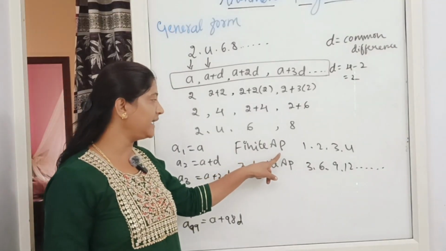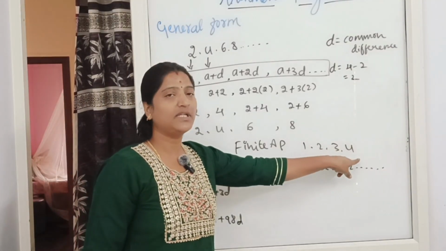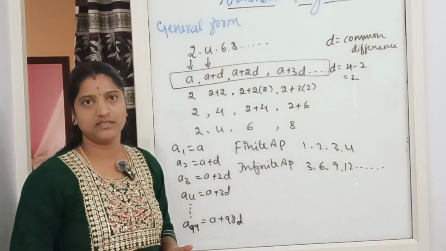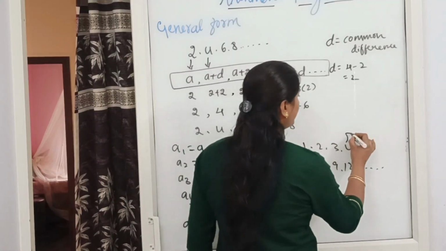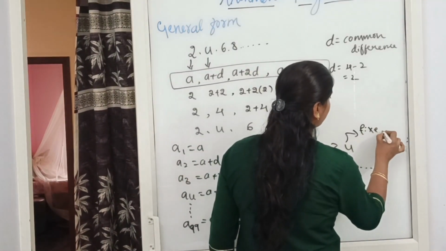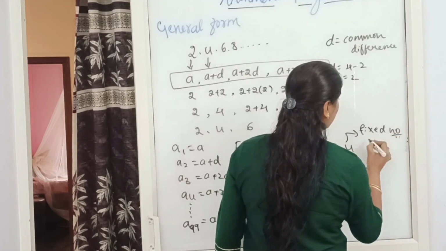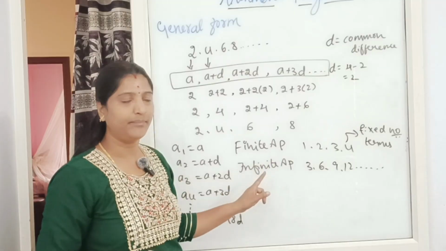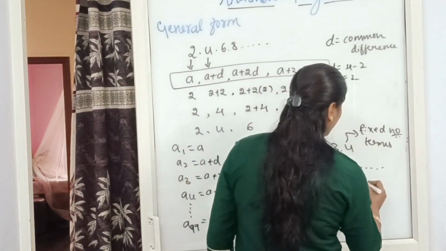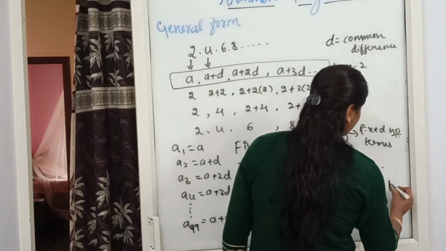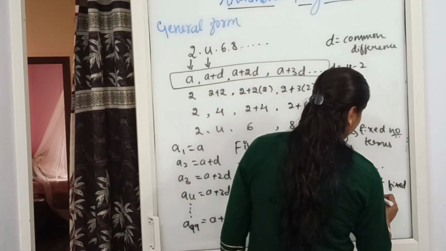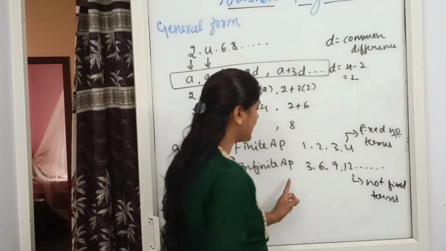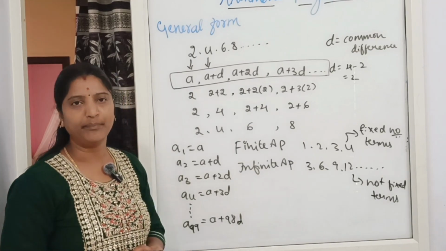The meaning of finite AP is that the number of terms in that AP is fixed. If the AP has a fixed number of terms, then it is called a finite AP. If an AP does not have a fixed number of terms, then it is called an infinite AP.